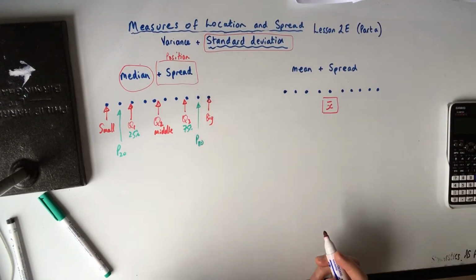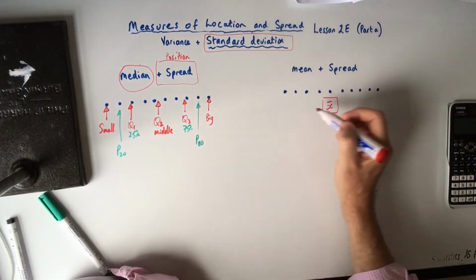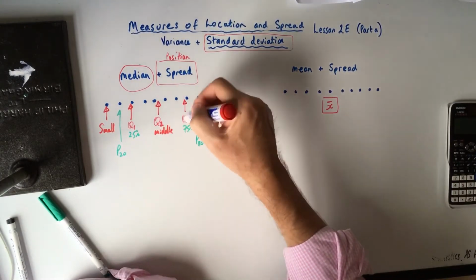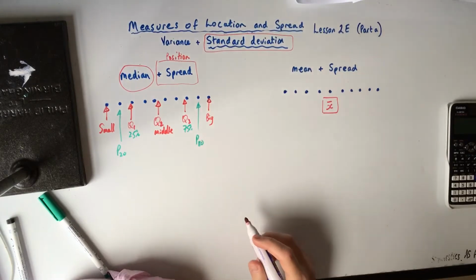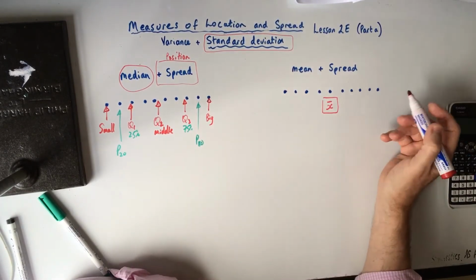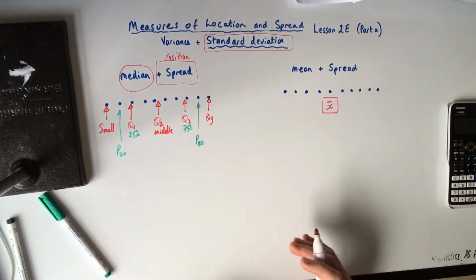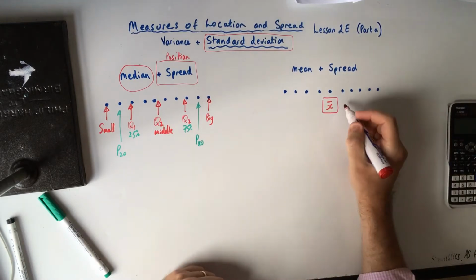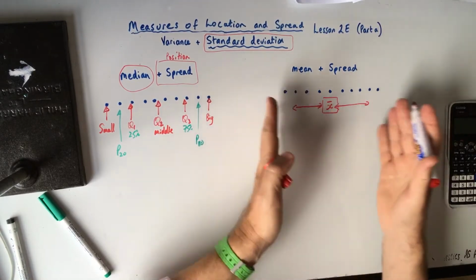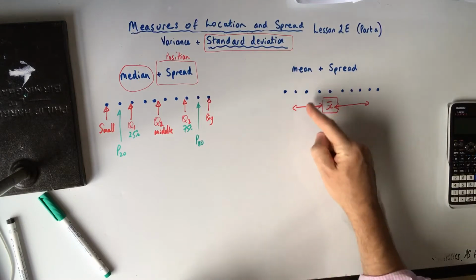Okay, so the standard deviation is a measure of spread that is based on the mean, as the interquartile range is based on the median, on positions. What you tend to find, as a very rough general rule, is that the standard deviation is a number that tells you roughly how spread out most of the data is either side of that middle region.